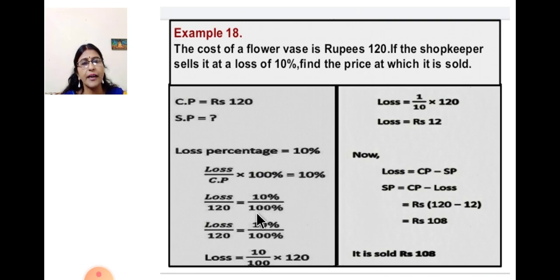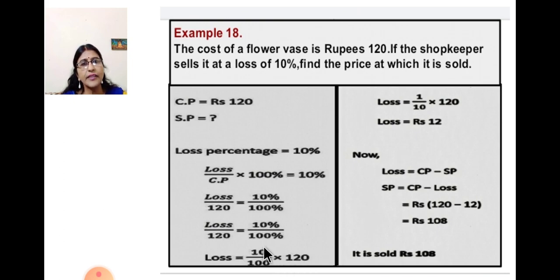So 10% upon 100%. Now this percent will be cut, 10 upon 100 is left, and then this 120 also we will take it to this side. So here it is divided. So loss upon 120, when you take it to the other side, it will become multiplication. So the next step will be loss is equal to 10 upon 100 into 120.